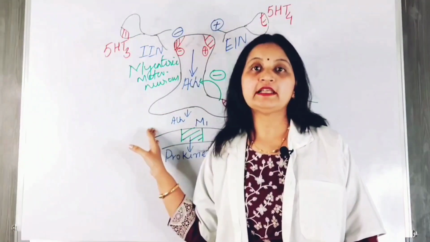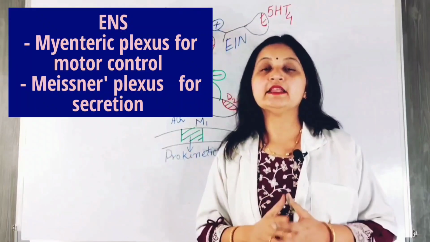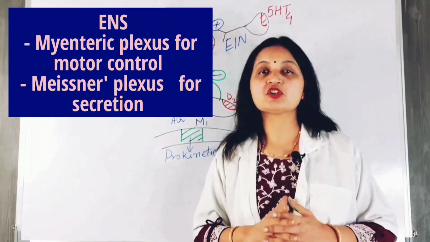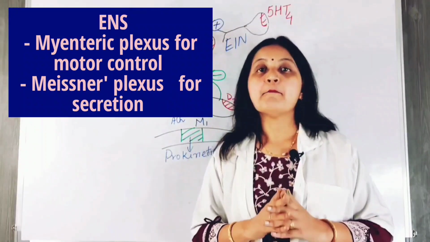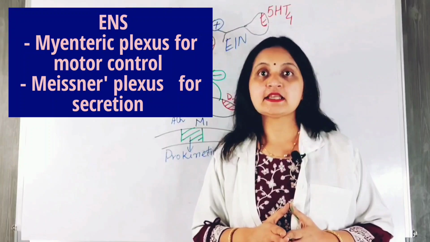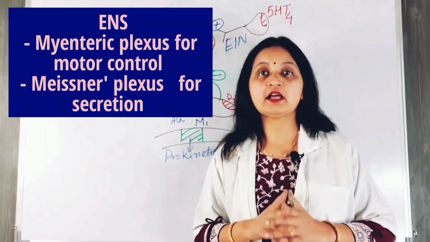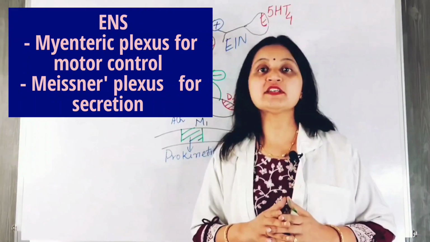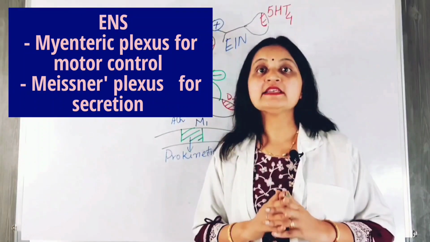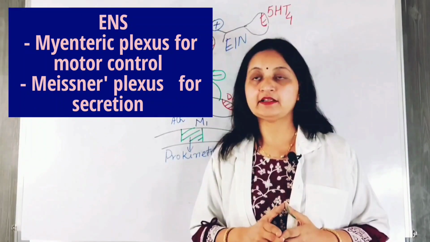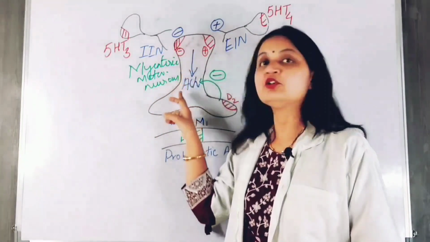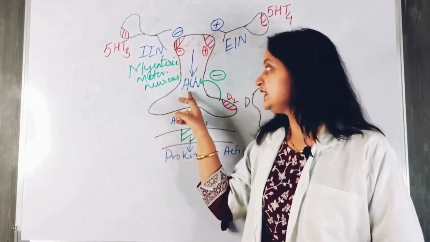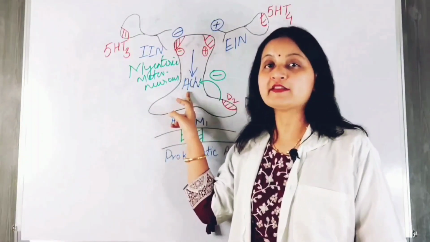The GI tract is innervated by the enteric nervous system, which is organized into two types of plexus. The myenteric neuronal plexus is responsible for the motor control, whereas the Meissner's plexus is responsible for secretion in the GI tract. The myenteric motor neurons consist of cholinergic neurons, and they release acetylcholine as a neurotransmitter.